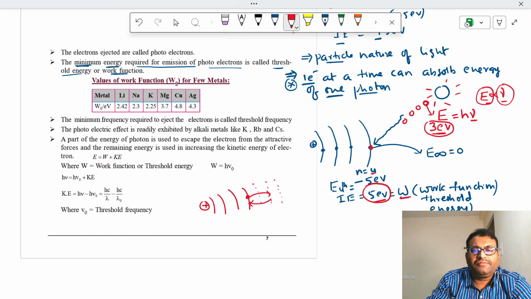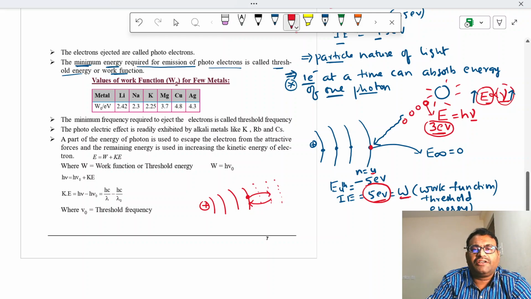Here, let us increase the frequency. If you increase the frequency, the energy increases.